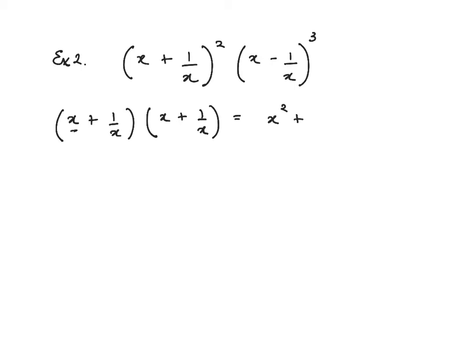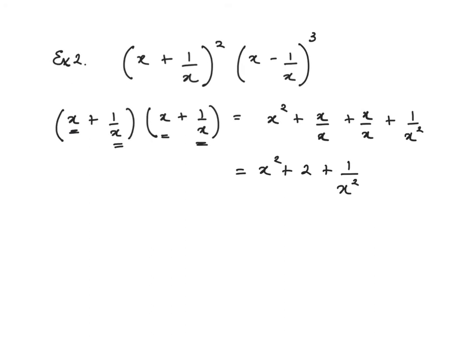Now, this x times 1 over x just gives us x over x. And this 1 over x times this x gives us another x over x. 1 over x times 1 over x is 1 over x squared. And that simplifies to give x squared plus 1 plus 1 plus 1 over x squared.